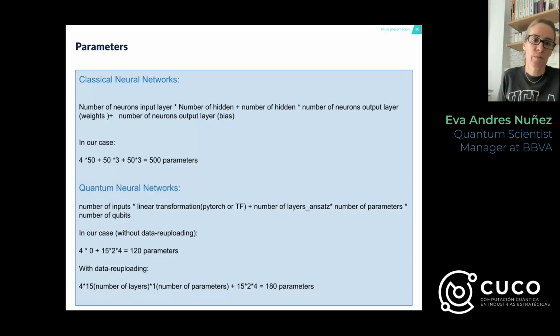Suppose I'm working with 20 features, we can reduce to 10 qubits using dense angle encoding, for example, or logarithm of 20 qubits if you are going to use amplitude encoding. But if you are using data reloading, you are not going to reduce or increase the number of qubits.